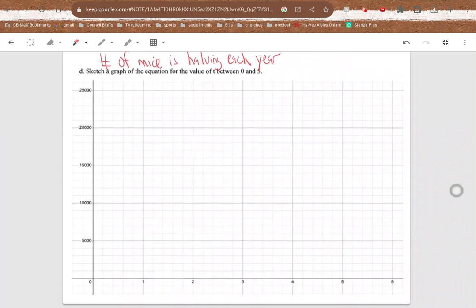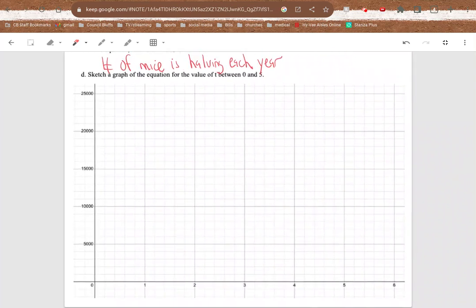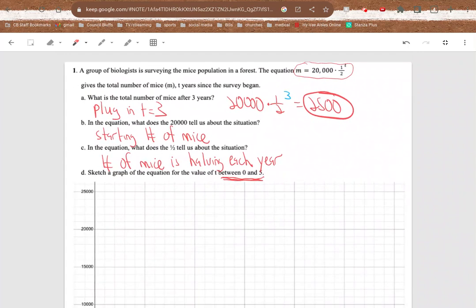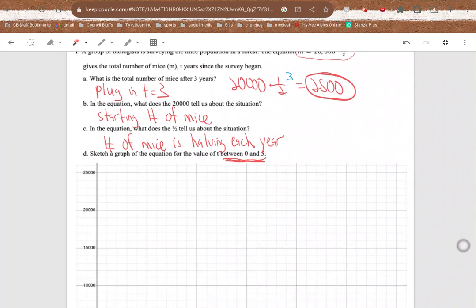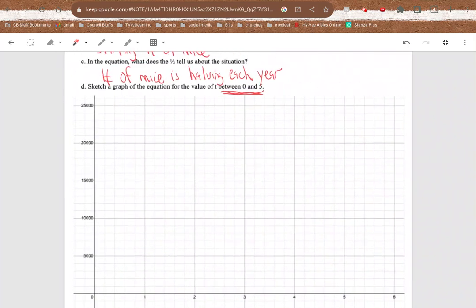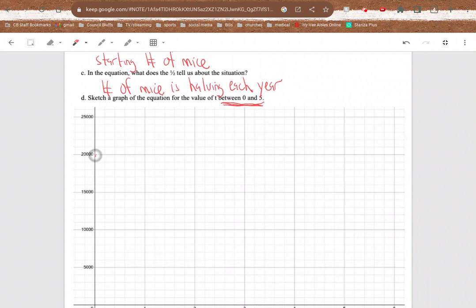D, sketch a graph for the equation for the value of t between 0 and 5. So we know that it is halving each year. So I know that my starting value at 0 is going to be 20,000. So that's going to be here.